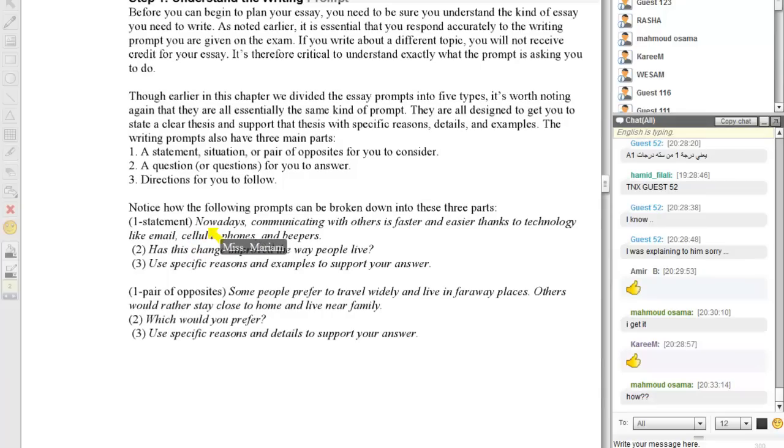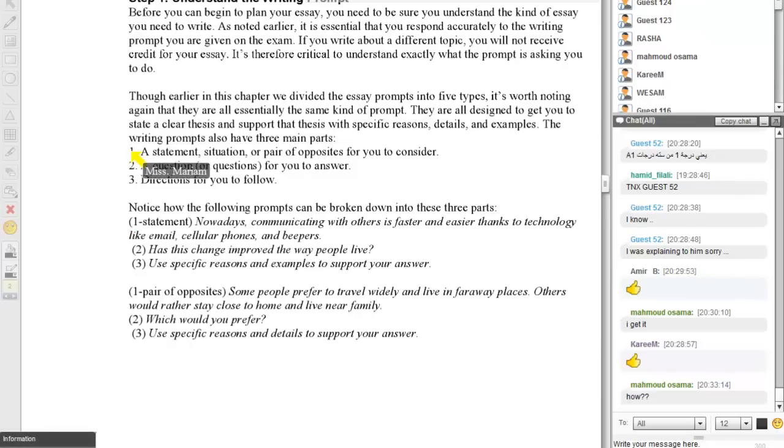Like in this example: nowadays communicating with others is faster and easier thanks to technology like email, cell phones, and beepers. Number 1 is a statement, this part.